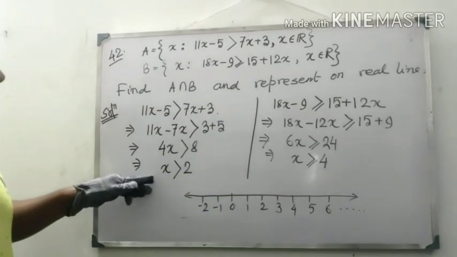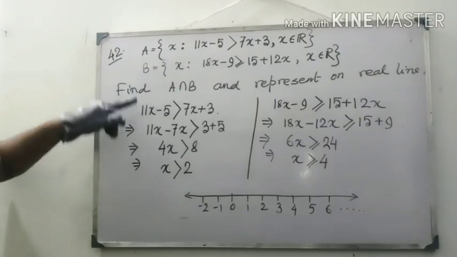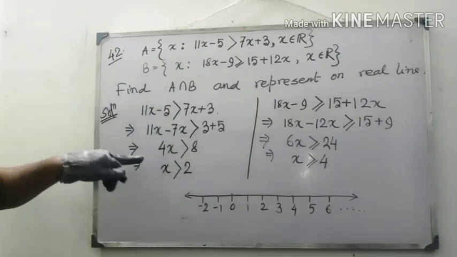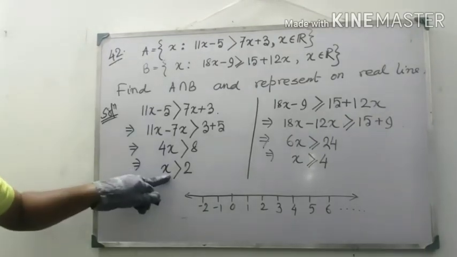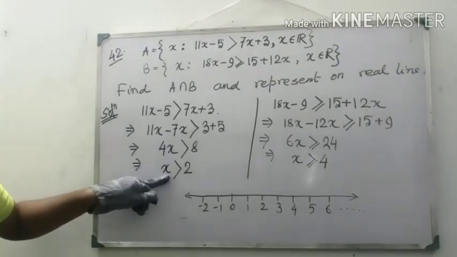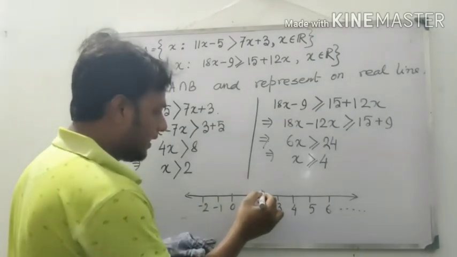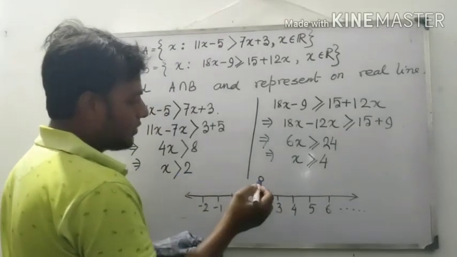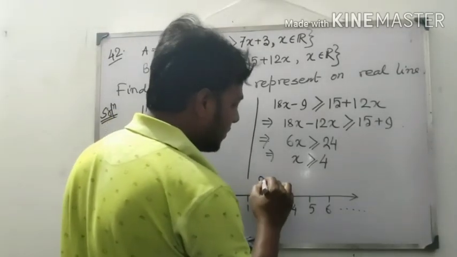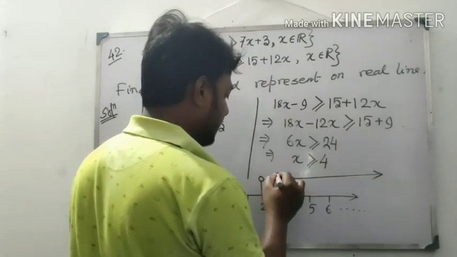A is the set of numbers greater than 2. So if you plot set A here, it is the highlighted part after the point 2, and since 2 is not included, all the numbers more than 2, this zone is the set A.